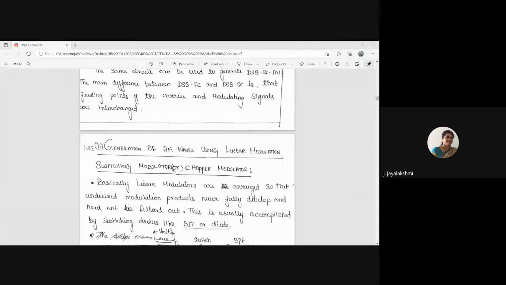If we make use of two transistors, then it is called a balanced modulator. In the balanced modulator, the carrier is fed at the primary winding of the transformer. The secondary winding is center tapped and there you apply the modulating signal. If you interchange them, then the same circuit can be used as a double sideband suppressed carrier circuit. I think with this topic, I will wind up today's session.